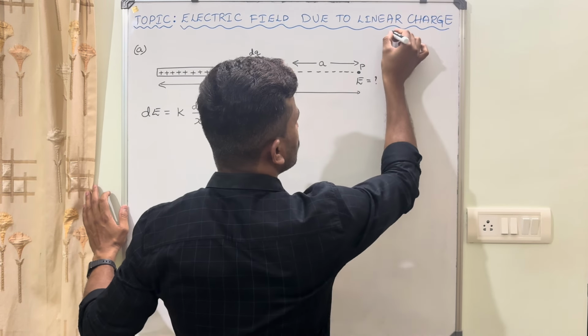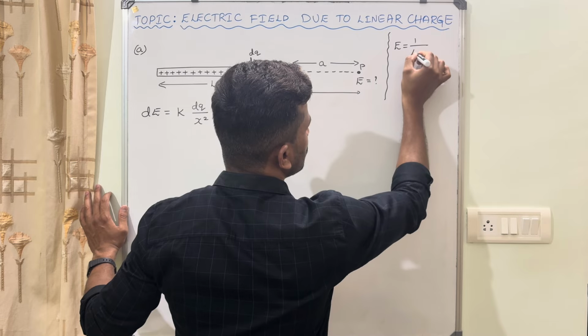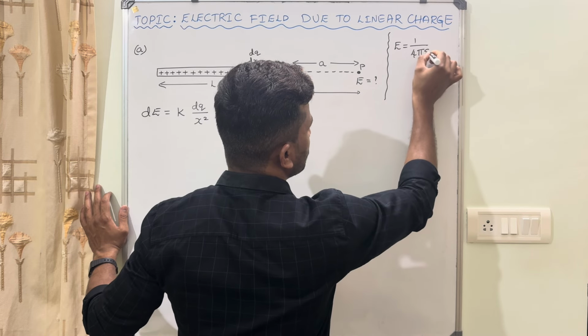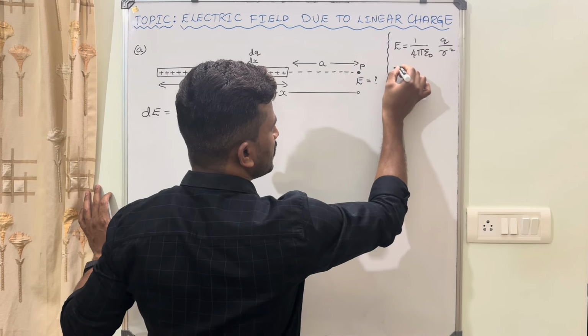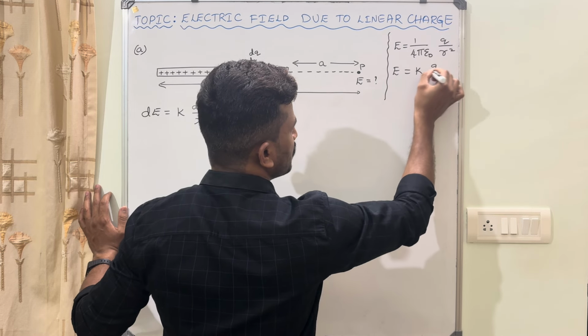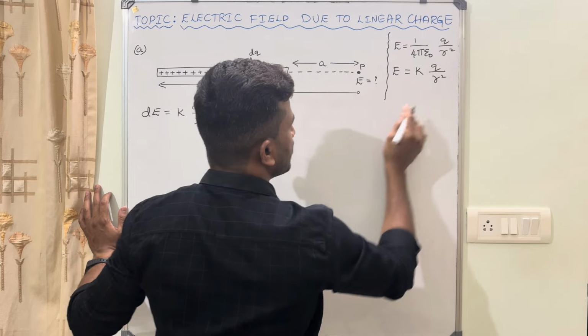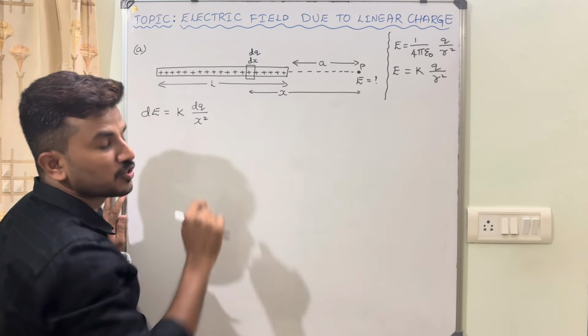This is similar to the formula E is equal to 1 over 4 pi epsilon naught q divided by r square, or E is equal to k q by r square, don't get confused. K is there, instead of q I have written small dq, instead of r I have taken x, that's it.